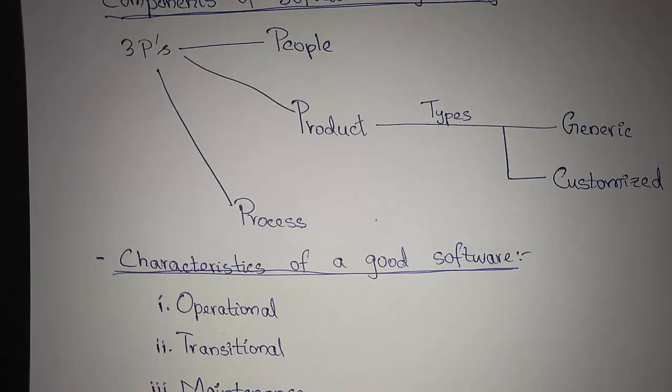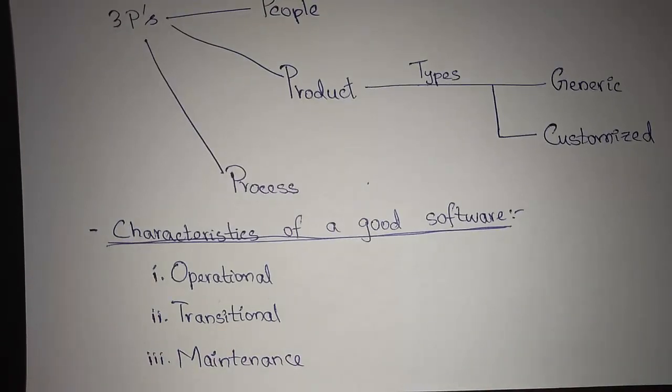Operational means the software works in operations like budget, safety, security, functionality and efficiency, and most importantly it satisfies the needs for which it has been designed. Transitional means the software is moved from one technology or platform to another, so it needs to be adaptable.